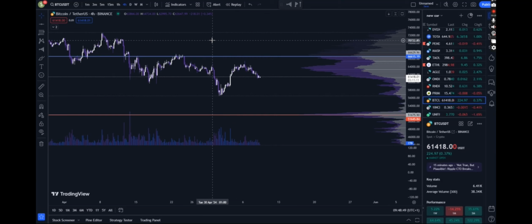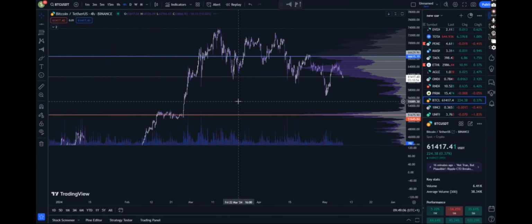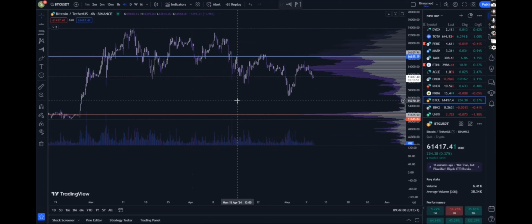Because it can be a really powerful tool in trading to actually see where certain coins are going to go, see where the major volume areas are, see where there isn't much volume, these little zones here, and that's what we're going to be looking at today.